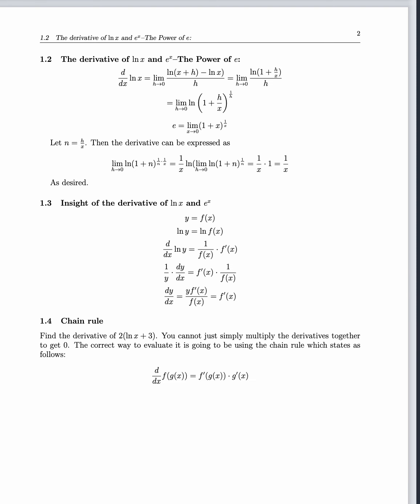We want to find the derivative of this composite function. We find the derivative of f of g of x by leaving g of x alone, finding the derivative of f, then plugging g of x inside and multiplying by the derivative of g of x. So if we take the example of finding the derivative of 2 times ln of x plus 3, you can either expand it, or you can just do the chain rule, right?